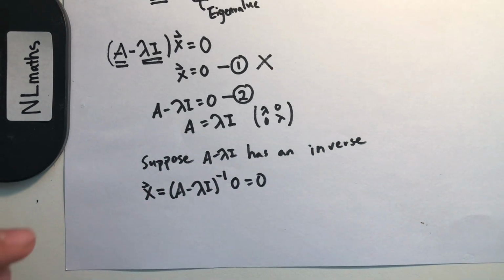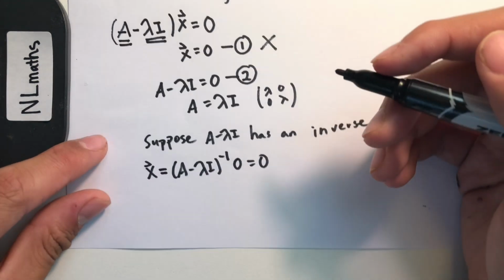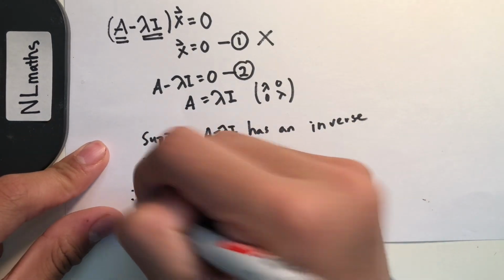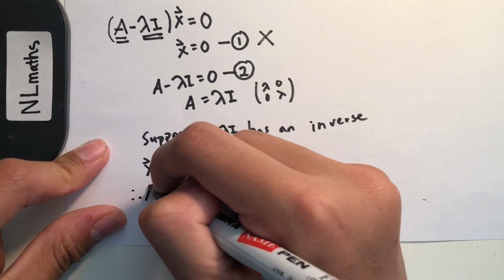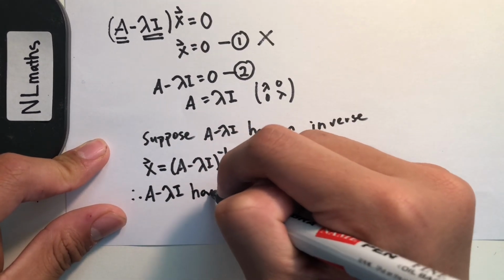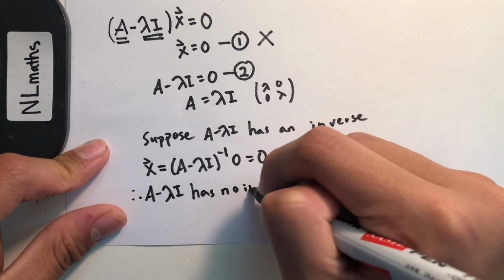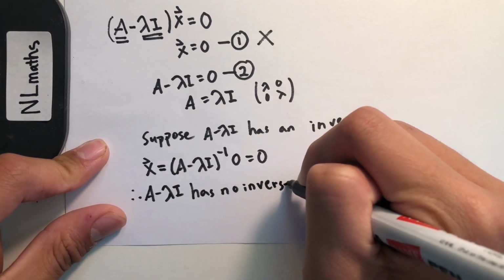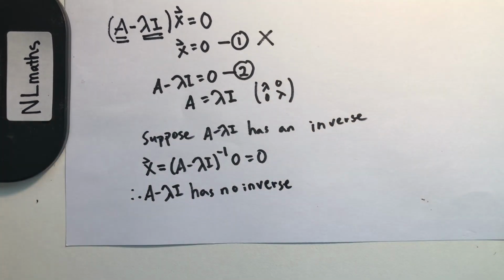So the only way that is possible for this to work is that, therefore, A minus lambda I has no inverse. And this is a very big thing.